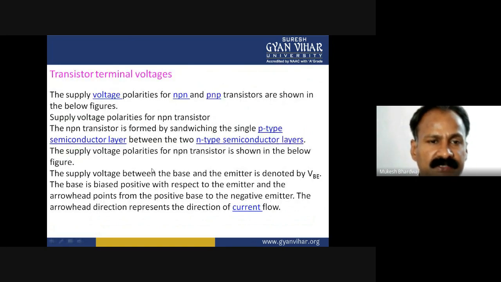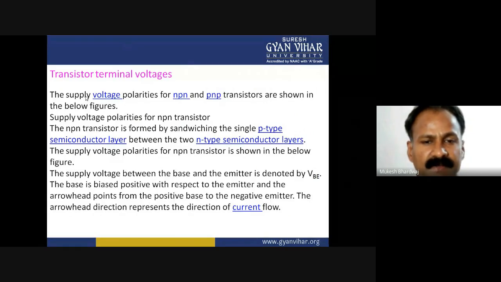Transistor terminal voltages. The supply voltage polarities of NPN and PNP transistors are shown in the below figures. Supply voltage polarities of NPN transistor. The NPN transistor is formed by sandwiching a single p-type semiconductor layer between two n-type semiconductor layers.